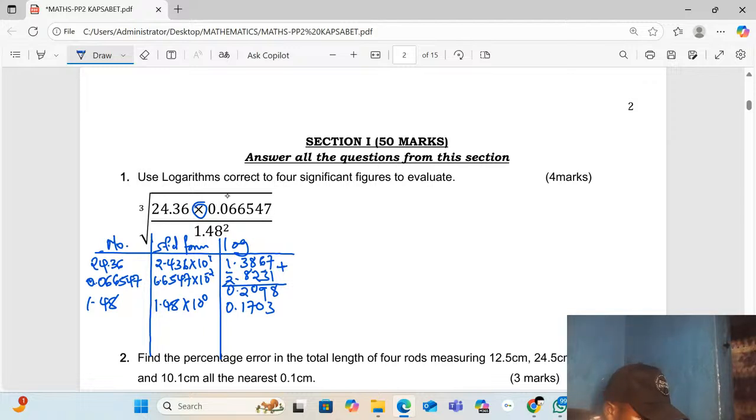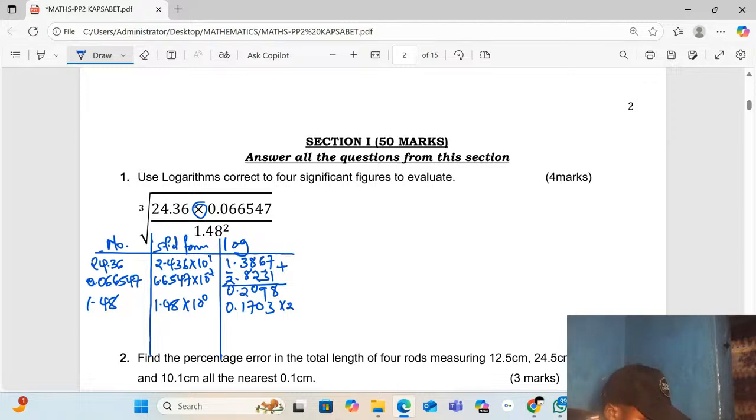So we take the answer for numerator and denominator. Now that we have the division sign, we are going to subtract. No, we are not yet done because of this squared. So we do away with the square. That means we are going to multiply by 2.